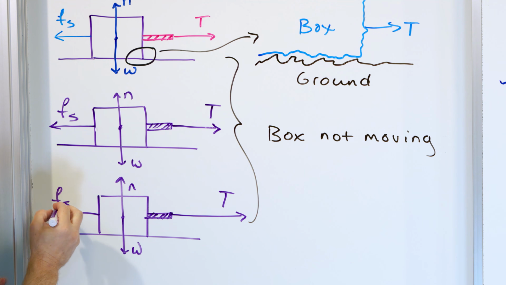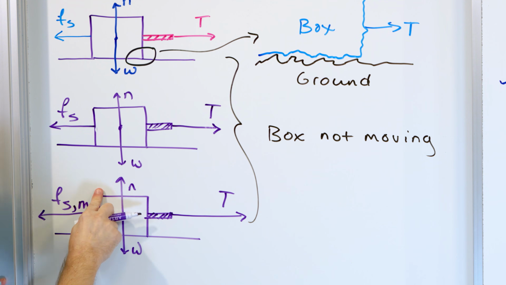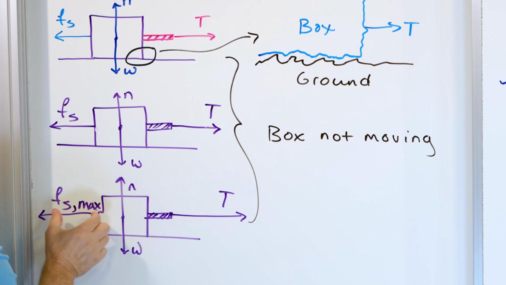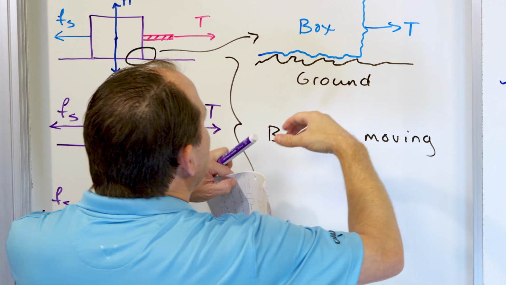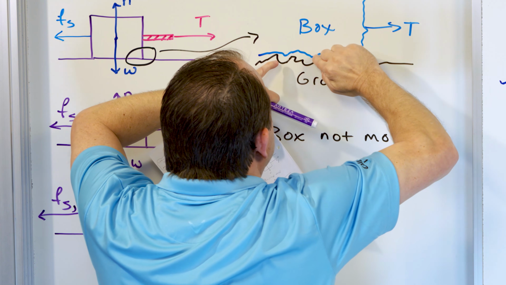Then what's going to happen is this frictional force reaches a maximum value. I wish I didn't run out of room there. Sorry about that. A maximum value above which the box will begin to move, but below which it's able to barely hang on. Microscopically, you pull with just enough force to get it to rub at all of these places.